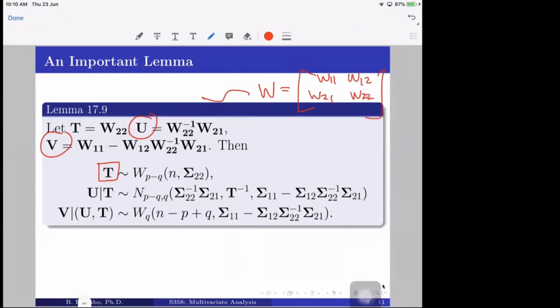So this is Wishart, no? This is Wishart. This lemma tells you that W22 is also Wishart, no?